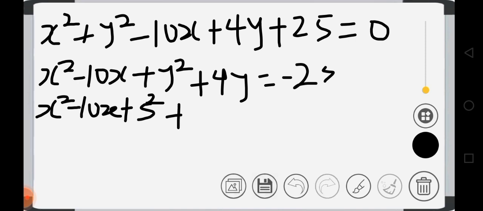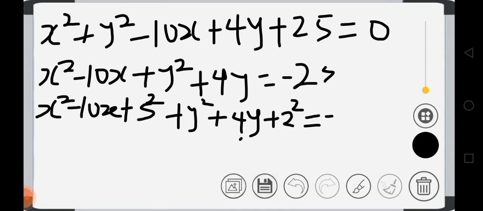Then plus y squared, the same thing for this. You take half of the coefficient and add it to this one as well. y squared plus 4y. Then what is half of 4? 2. Then you square it.